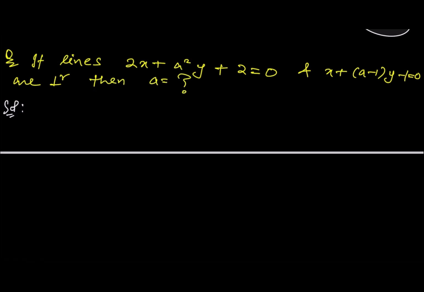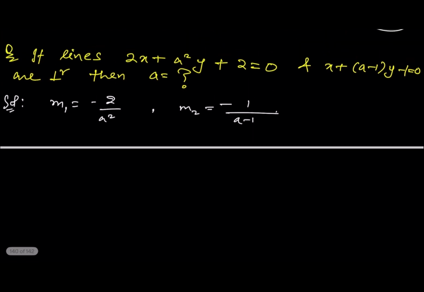So first of all, I will find m1 and m2. So m1 is minus 2 upon a square, by using the concept: slope of line is minus times coefficient of x upon coefficient of y. So m1 is this and m2 is equal to minus 1 upon a minus 1, right?